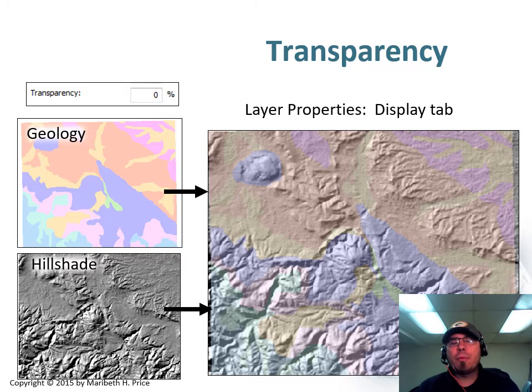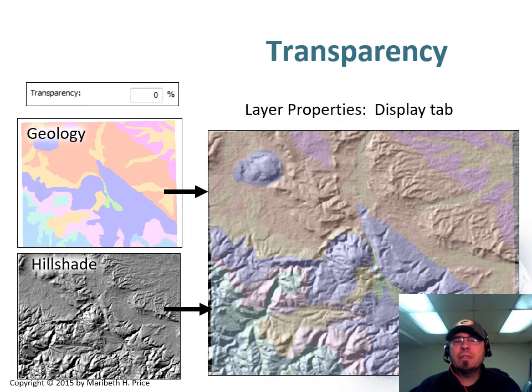Now, when you're dealing with rasters, one little handy thing you can do is what's called transparency. So when you're using the program, you can make one layer see-through, which gives a nice rugged look to your map. So if you look on the left, you have geology, which is our vector feature class, excuse me. And on the lower one, you have hillshade, which is sort of just a lighting effect.